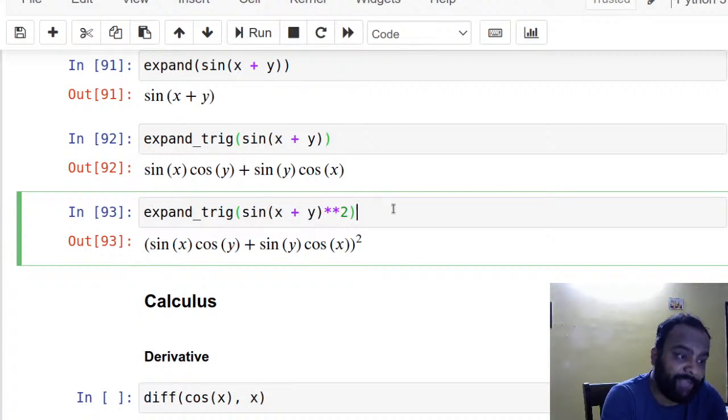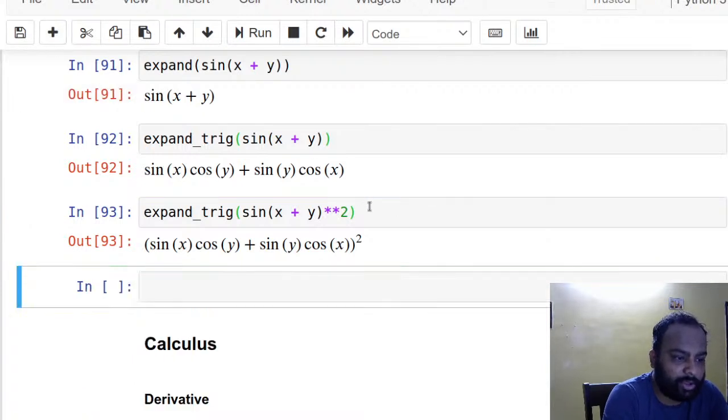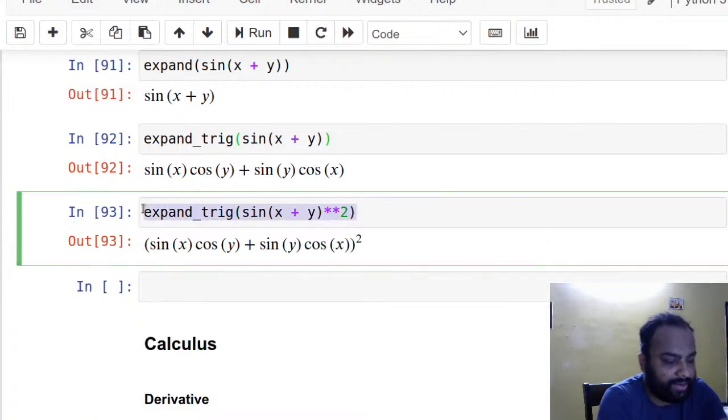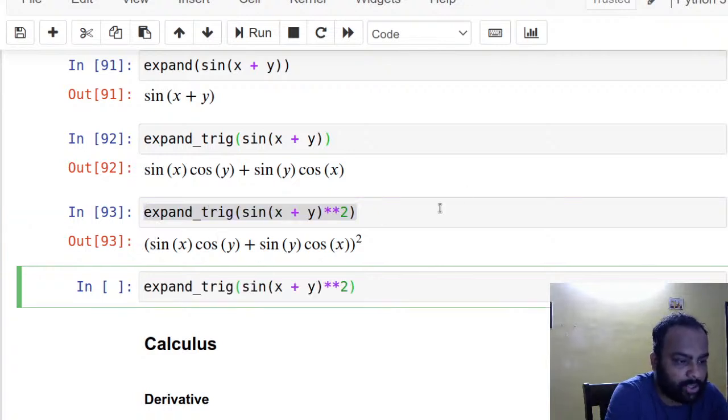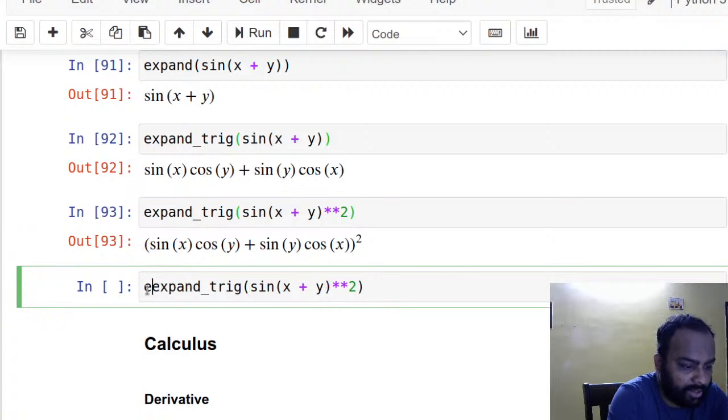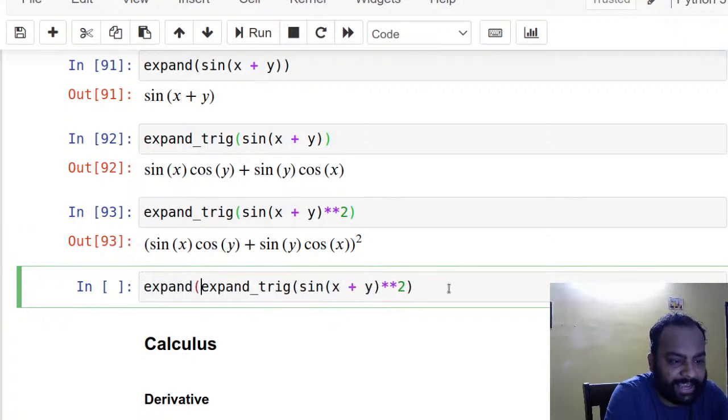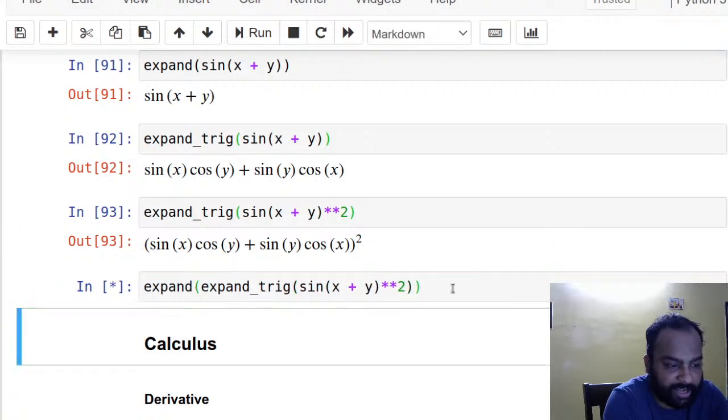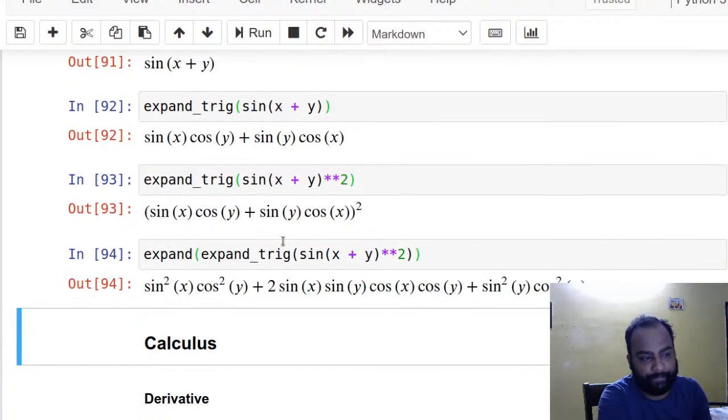On top of that, if I take this whole thing where the trigonometric expansion has been done and expand upon it, this will be an algebraic expansion on top of the trigonometric expansion, and it expands everything. So this is being treated as a, this is being treated as b, and this is like a plus b whole square.